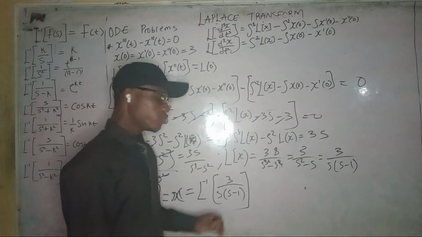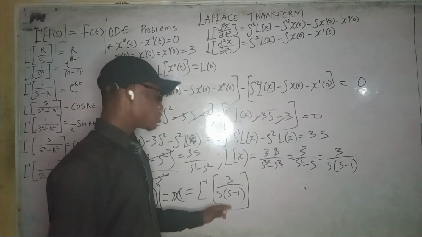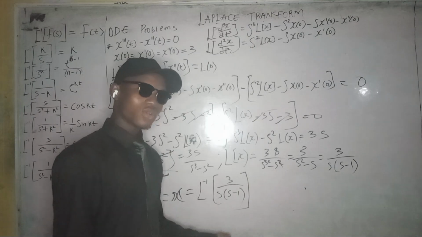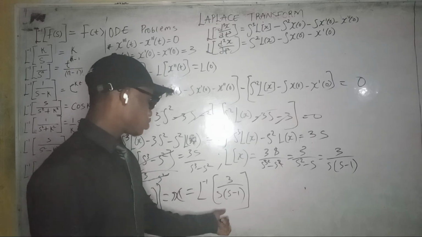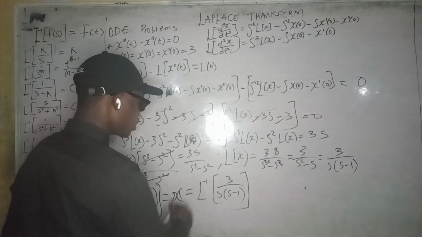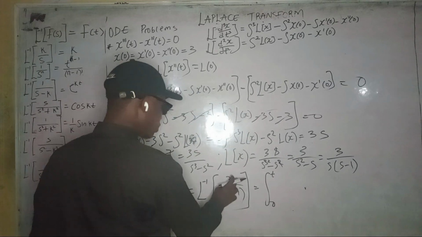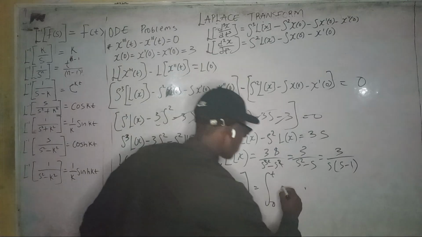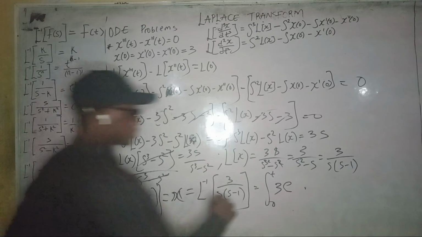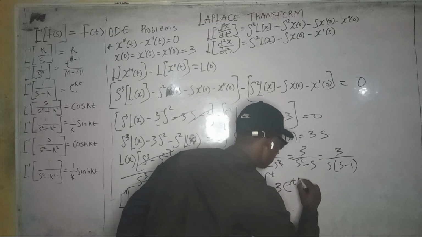So now moving on, if you have been following our series, we know that in this scenario we are going to use the division law of inverse Laplace transform. The division law is the integration from 0 to t of whatever you have as your f(s). So this is going to be equal to the integration from 0 to t of 3 over s minus 1, which is going to give us 3e^t, since 1 over s minus k gives e^(kt).